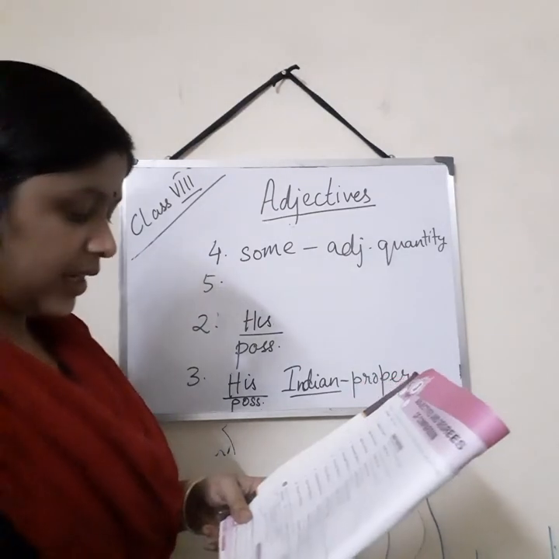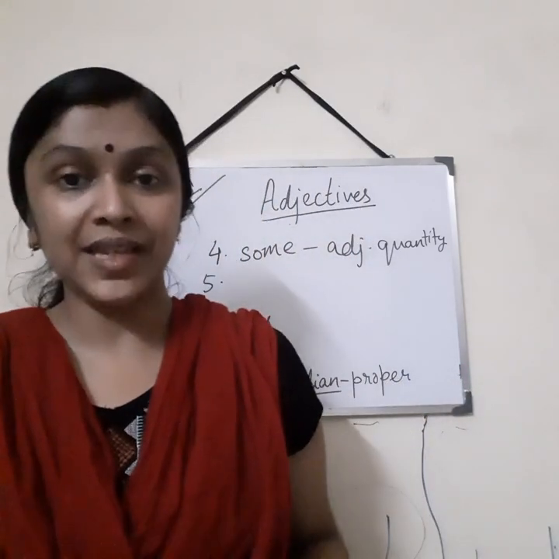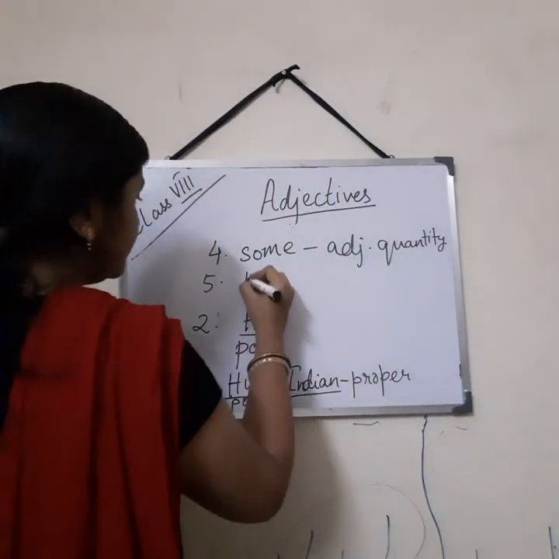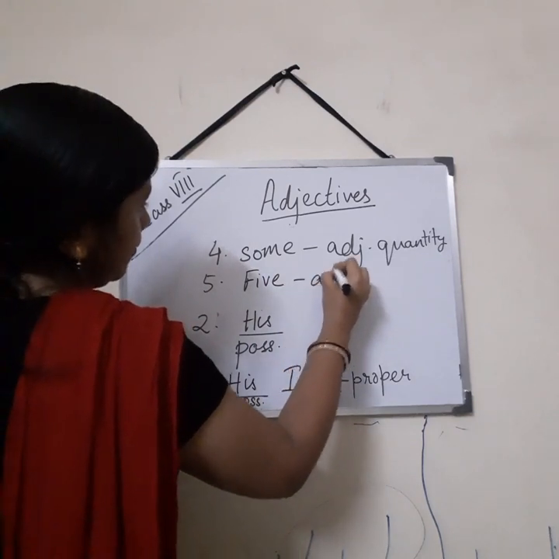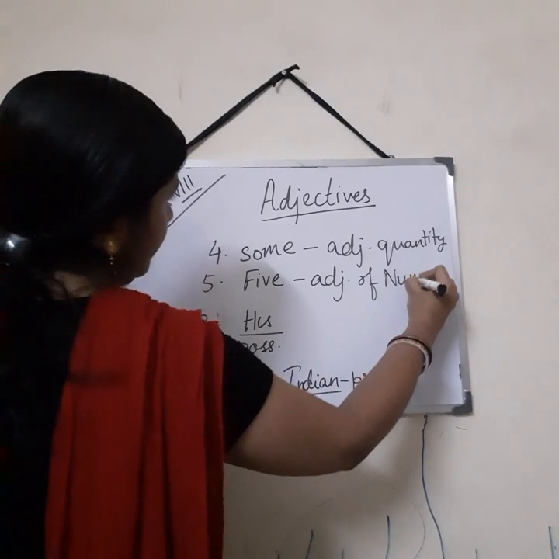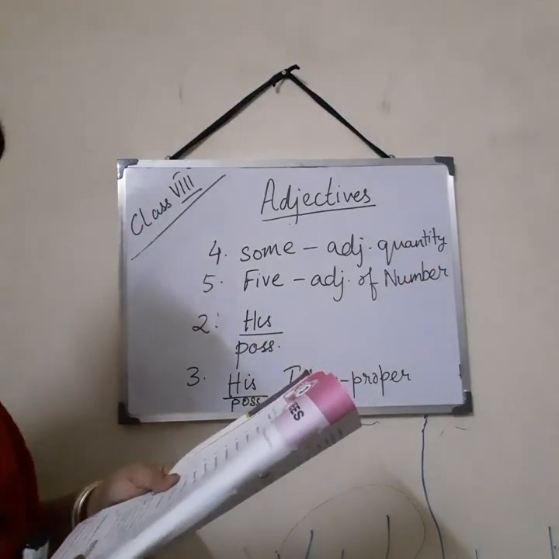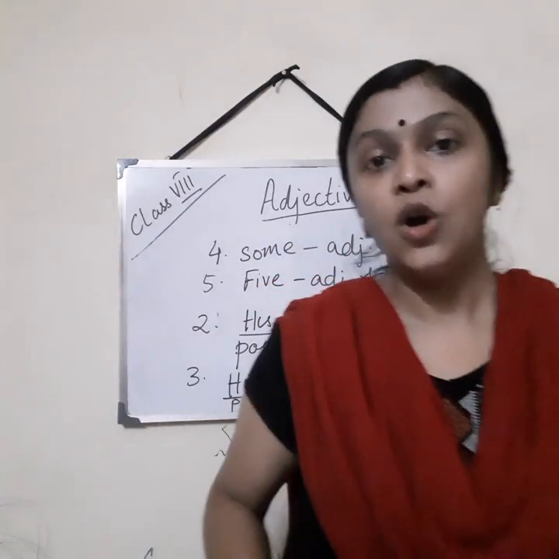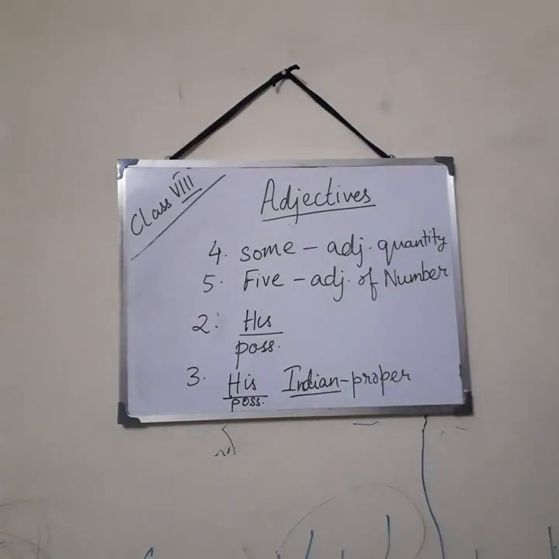Number five is, five passengers got down from the bus. Five passengers. So five will be the adjective of number. It's very easy. Number six is, what question did the interviewer ask? What question? So what will be interrogative adjective.